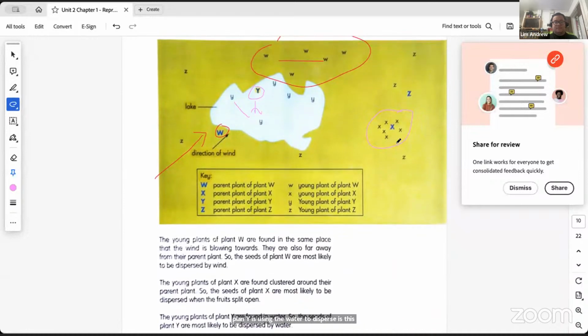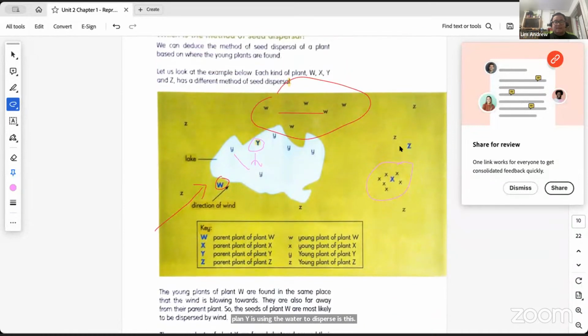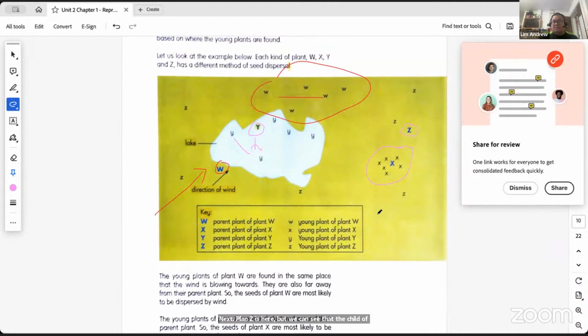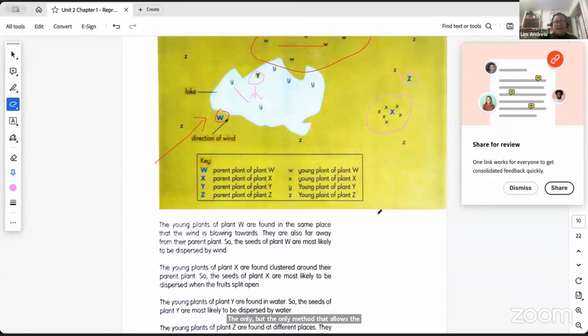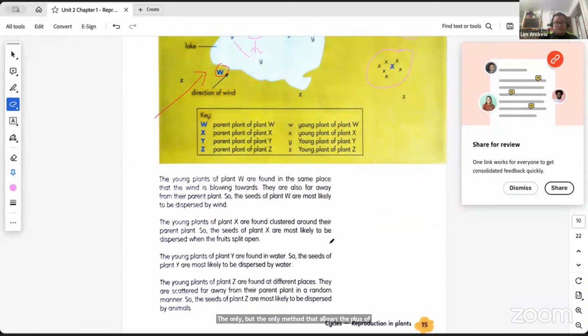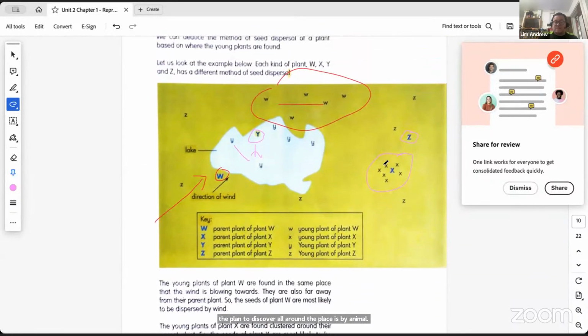Next, plant Z. Plant Z is here, but we can see that the children of plant Z are scattered all over the place. The only method that allows the seeds to be scattered all around is animals, because only animals can travel from this location to another, scattered randomly instead of in one single direction.